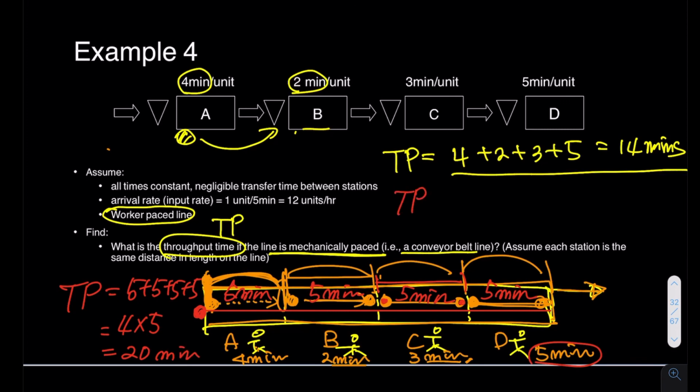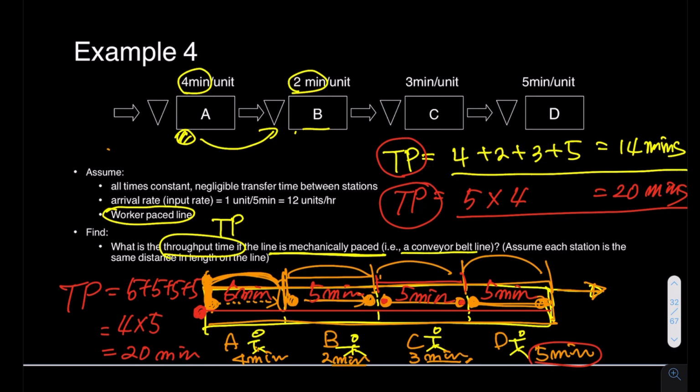In this case, TP equals 5 multiplied by 4 equals 20 minutes. So there is a difference. The yellow one is the worker paced line, and this red one is the mechanically paced line. And we can see the difference in throughput times.